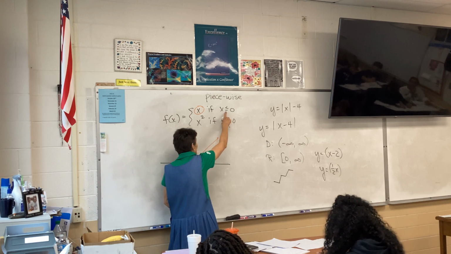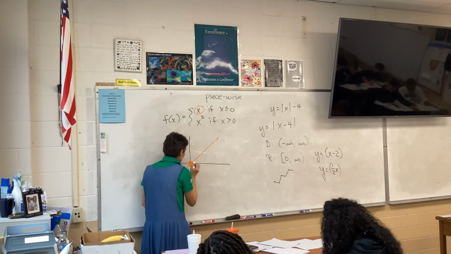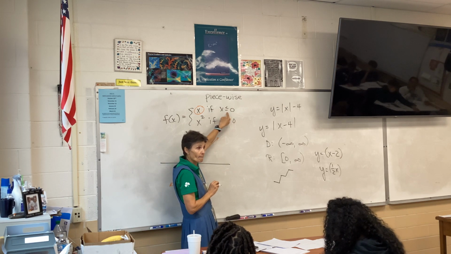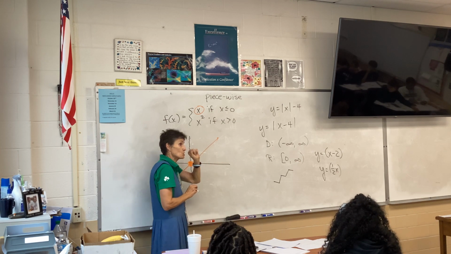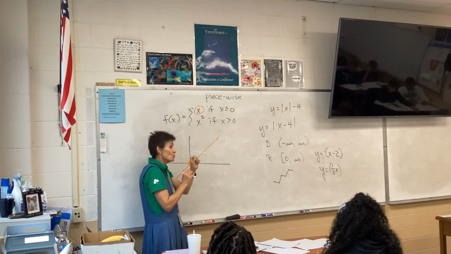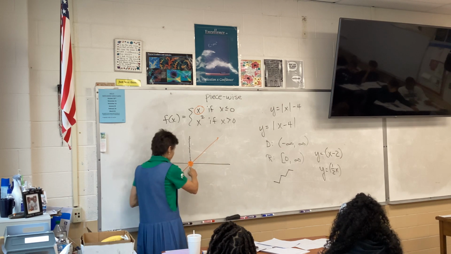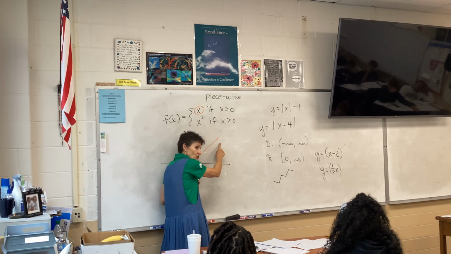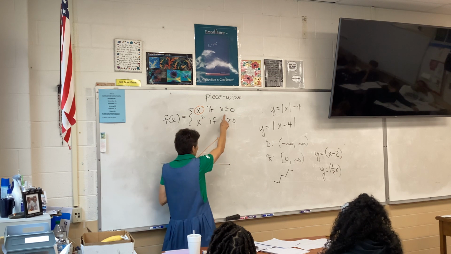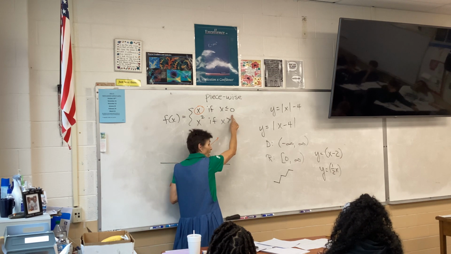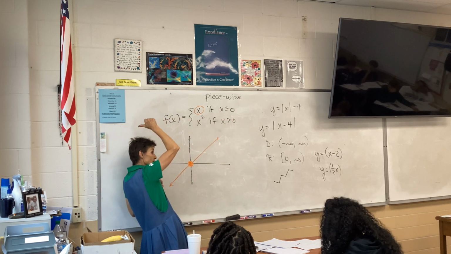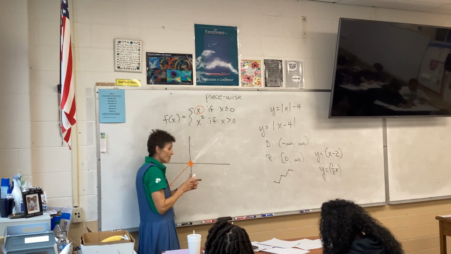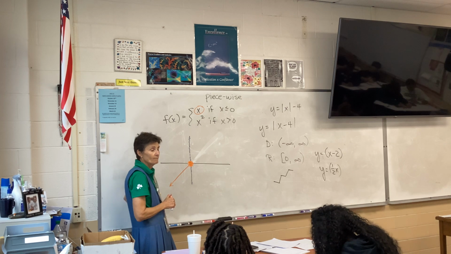That dot will actually be colored in because of the or equal to on the 0. Now, as soon as you put that dot on there, you have split your line into the left piece and the right piece. In a piecewise function, you only want one piece. So look up here. This tells me which piece I want. I want the piece to the left. So I'm going to take my eraser and erase the piece to the right. There is the first piece of this function.